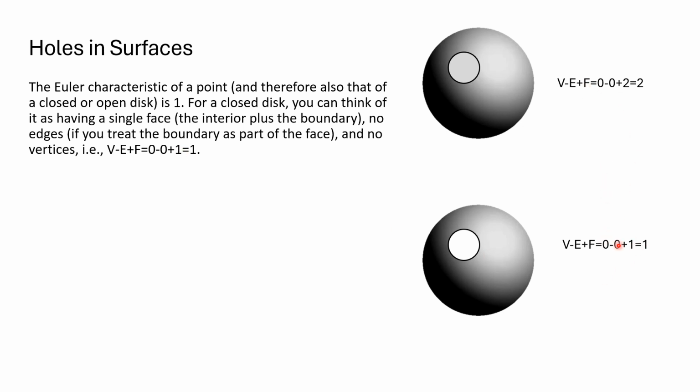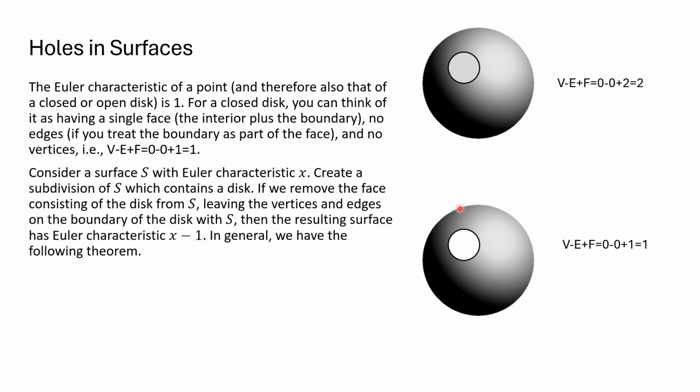So we have one face less than here, and we get 0 minus 0 plus 1, and we get 1. So when you remove a disk, it's not just true for this example, but when you remove a disk from a surface, you reduce the Euler characteristic by 1. That's what I've written here.